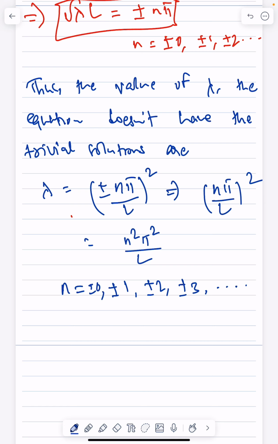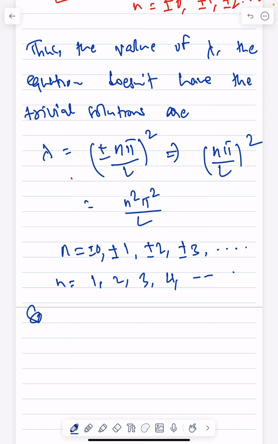Now if n is 0, then we get lambda to be 0, which happens to be case 1, right? And since we have n squared, we do not have to use plus or minus 1, plus or minus 2, plus or minus 3, because it's n squared, so you are getting the same answer for both values. So n can be 1, 2, 3, 4, and so on.